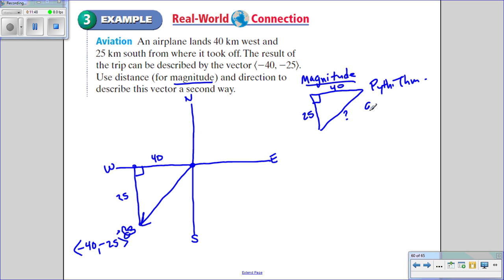So it's a squared plus b squared equals c squared. Pretty simple stuff. I'm going to label 25 as my a, 40 as my b. So this is 25 squared plus 40 squared is going to equal c squared. So let me do the math on that. 25 squared plus 40 squared, okay, there's a lot of zeros here.